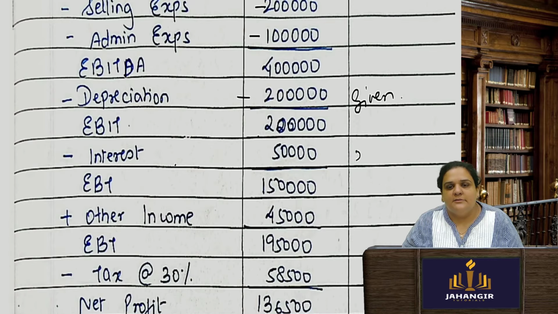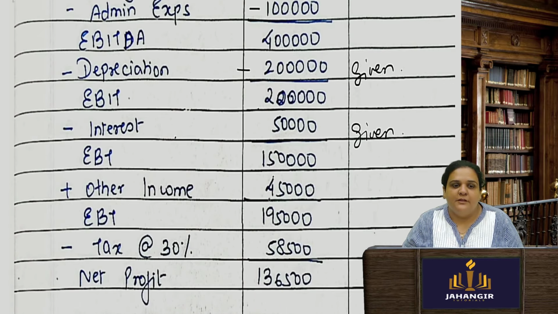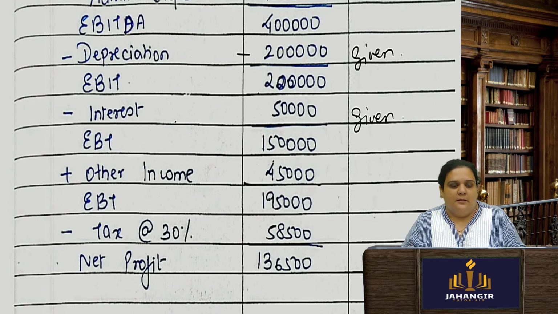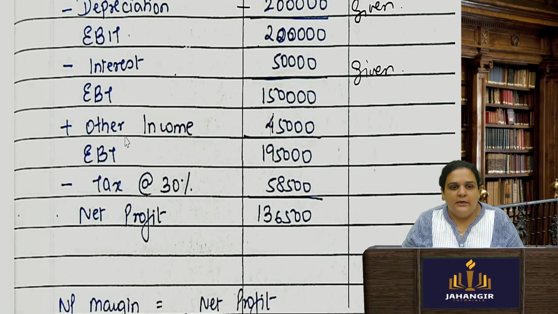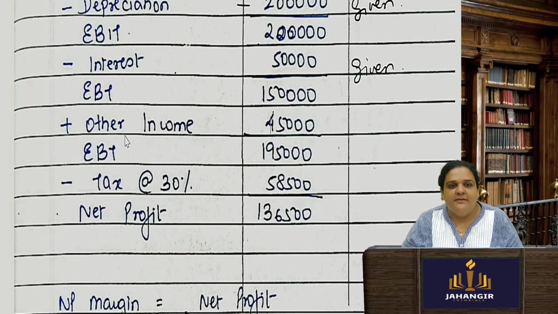Minus interest, this is also given. EBT is 1,50,000, but there is something over here, other income. So earnings before tax, I will have to add this other income. So your actual earnings before tax is 1,95,000. On that I will apply the tax rate.